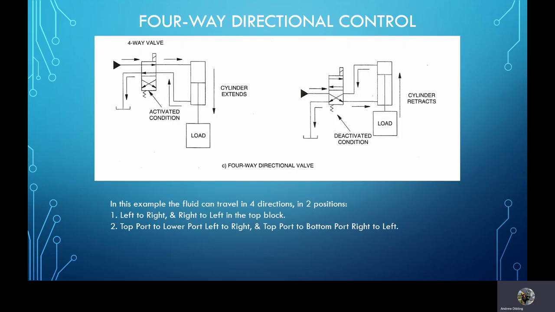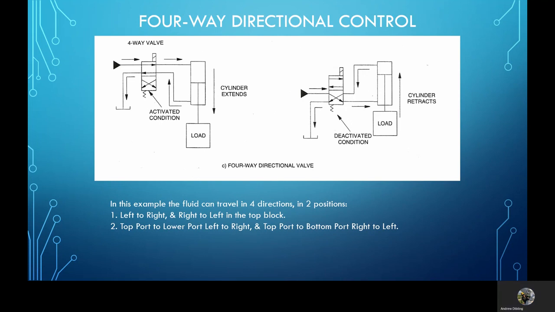So this one here is a four-way valve. Again, it's only two positions, but this one illustrates the fact that the fluid in this example can go in four directions, even though the valve itself only has two positions. So going from left to right, top to bottom.